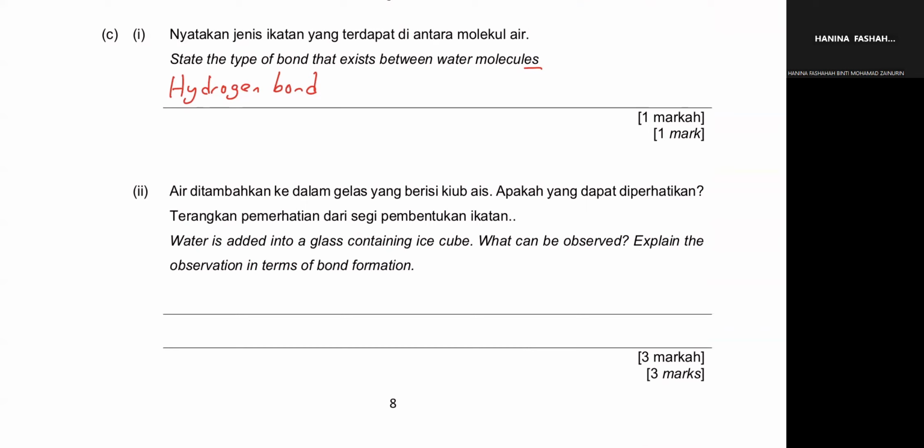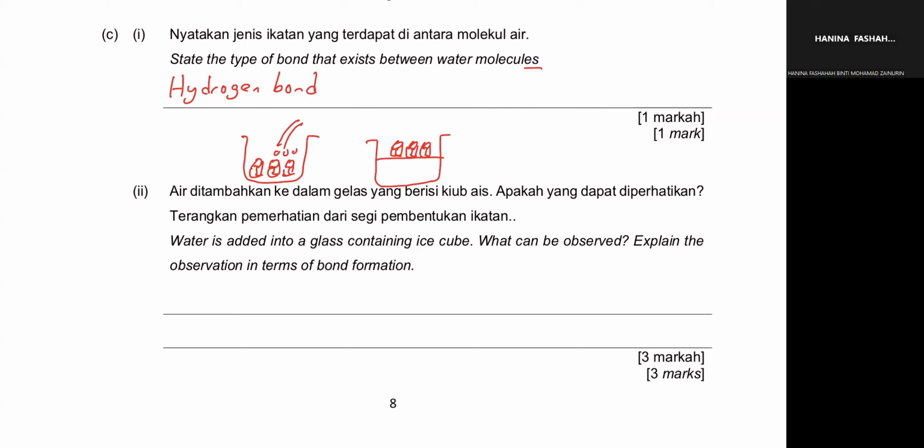First of all, imagine inside there is an ice cube at the beginning. They add water inside. Do you think what you see? Yeah, ice floats, correct. The ice floats at the top.